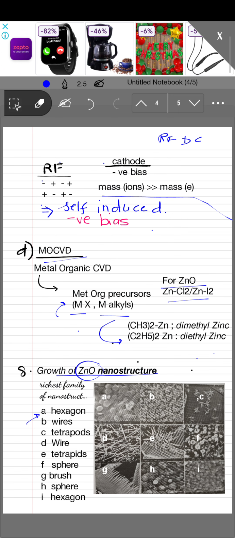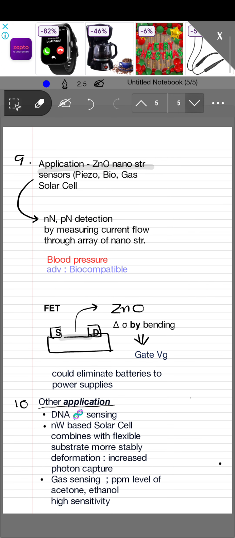Coming to the applications of zinc oxide structures, they are used in sensing applications where their piezoelectric nature is used, and especially in bio and gas sensing, zinc oxide plays an important role.